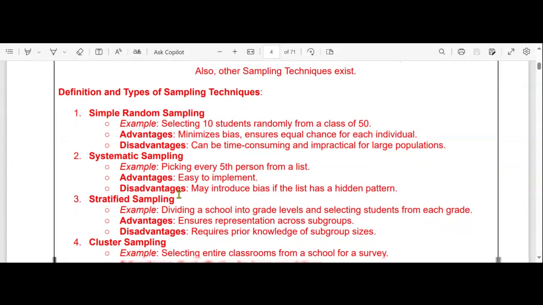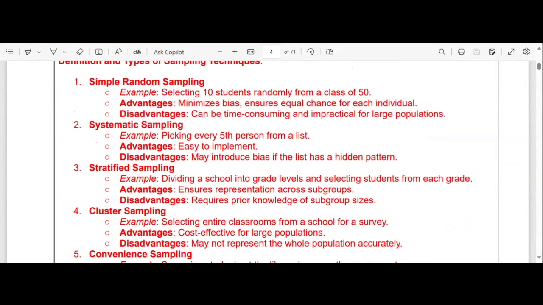There is a second type, called systematic sampling. For example, picking every fifth person from a list. I remember when I was in Canada, in Toronto, I was taking the flight coming back to Saudi Arabia, and then this Pakistani security guard came to me and said, "Give me your hands."